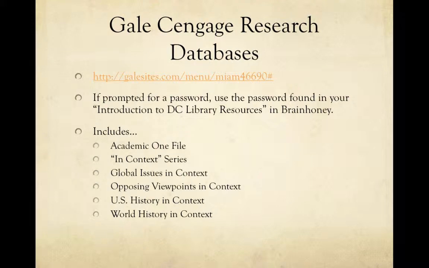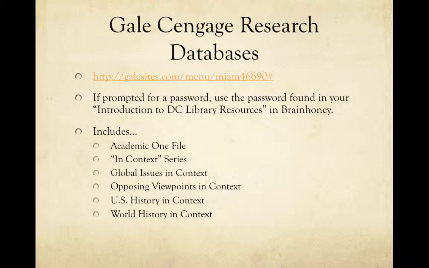The Gale Cengage research databases are filled with all sorts of different resources, including Academic OneFile, which is full of abstracts and full-text academic journals and articles that you can use for research purposes.